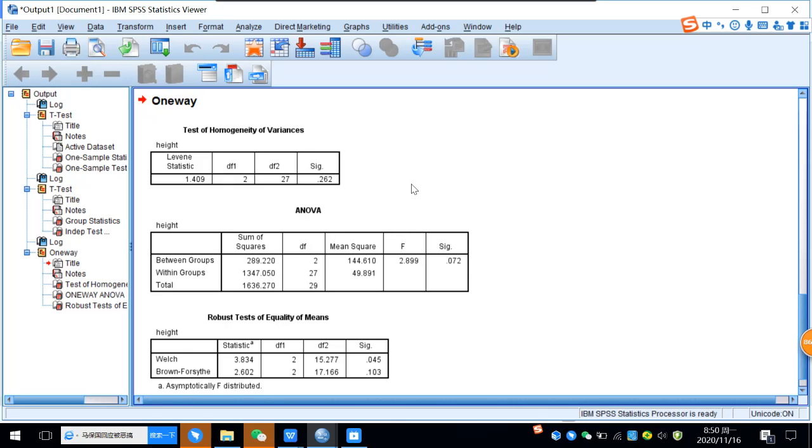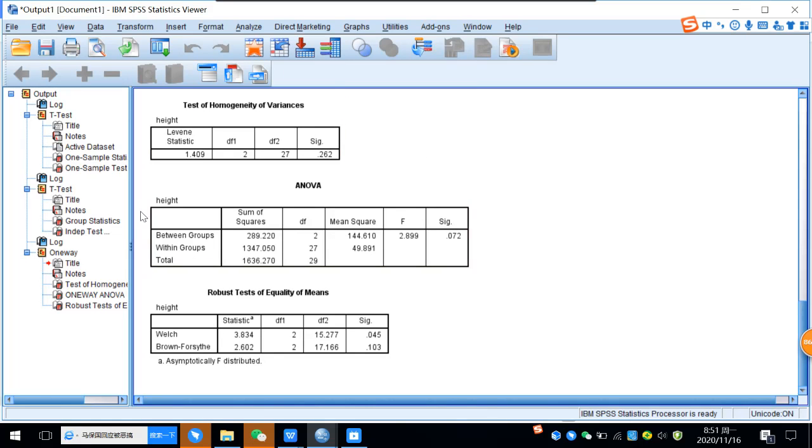It means the equal variance is assumed. Equal variance is assumed, then we will look at the results of this part. If the significance is less than 0.05, then we will look at the robust test of equality of means. Okay, got it? Got it.